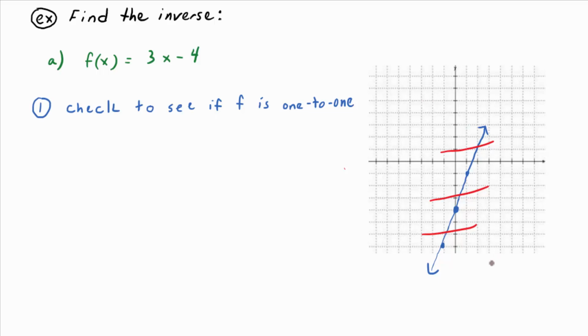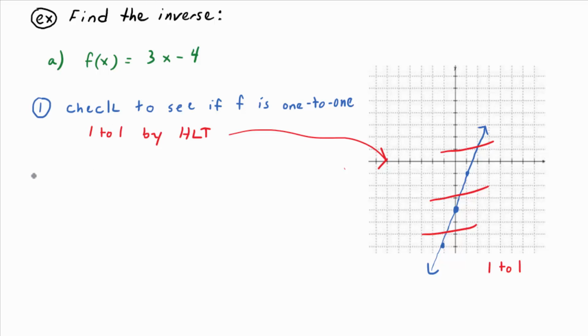And then you would say it's one-to-one by HLT. Actually, I'll put it right here. One-to-one by HLT. And it's obvious from the graph. Otherwise, if it weren't one-to-one, you wouldn't find the inverse, or you'd have to restrict the domain to make it one-to-one.